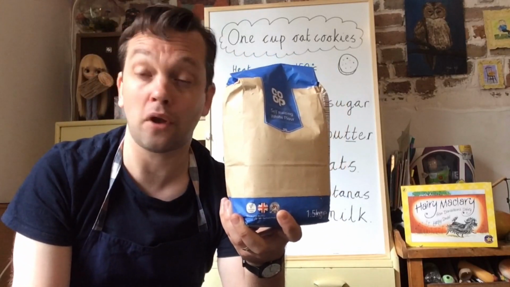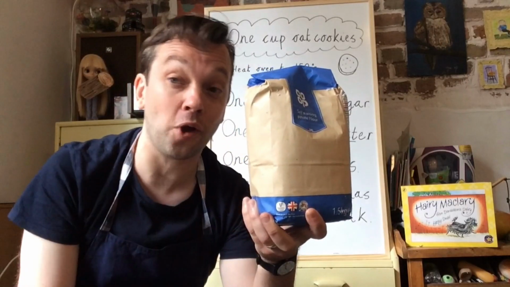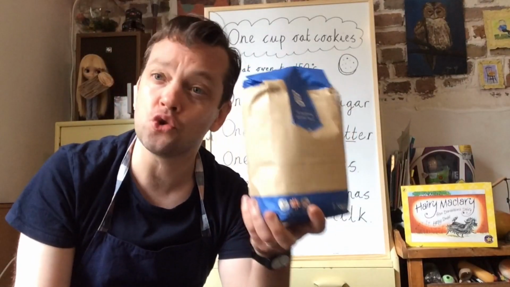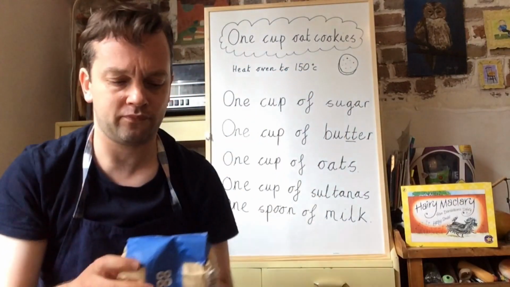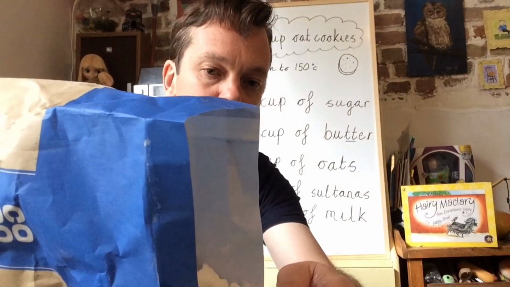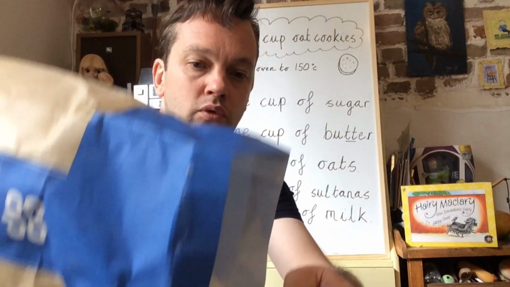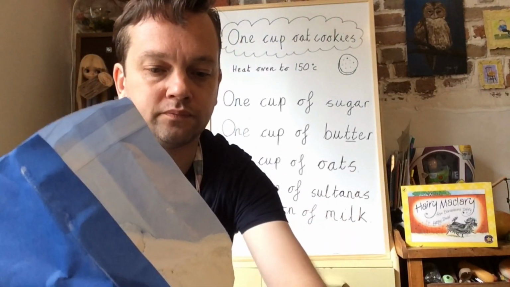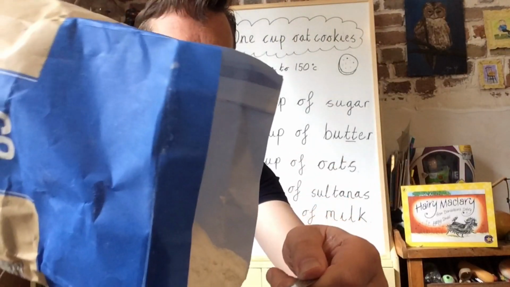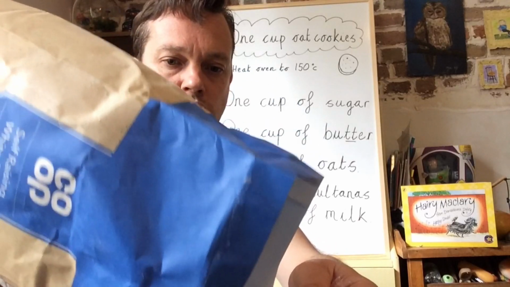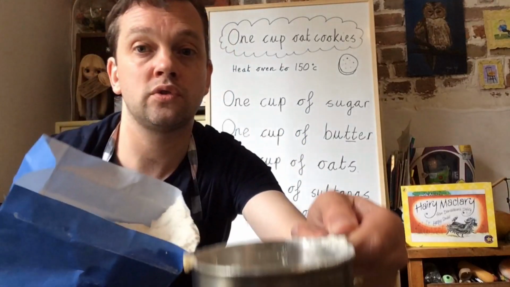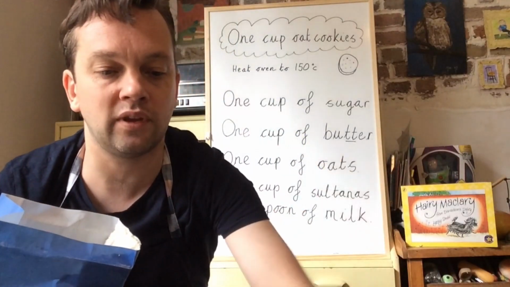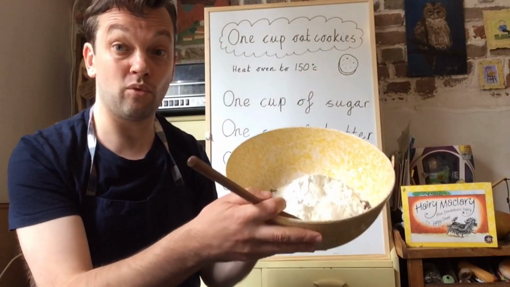We're going to need 2 cups of this. It's the only thing in the recipe that isn't 1 cup or 1 spoon. 2 cups of self-raising flour. 1 and 2. 2nd cup. In it goes, into the bowl. So, look, it's all in the bowl.